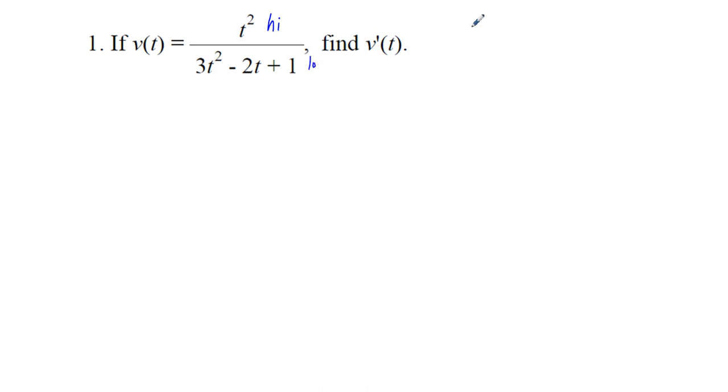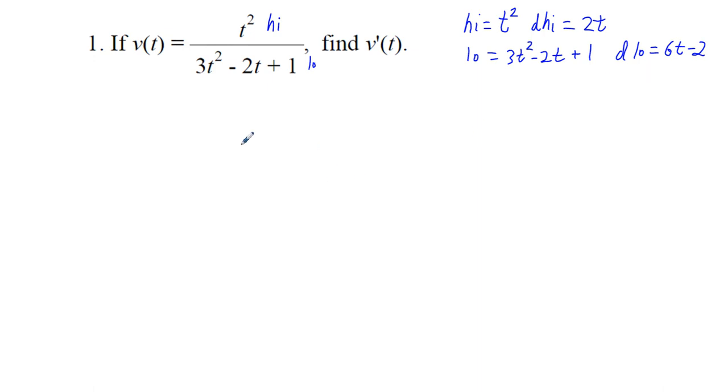So to the right, up here, I'm going to say high is equal to t squared, and d high is equal to 2t, and low is equal to 3t squared minus 2t plus 1, and d low is equal to 6t minus 2. And so we can go with this.